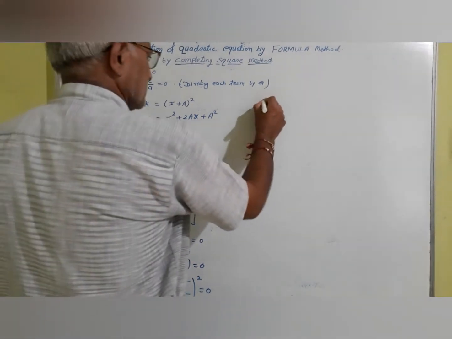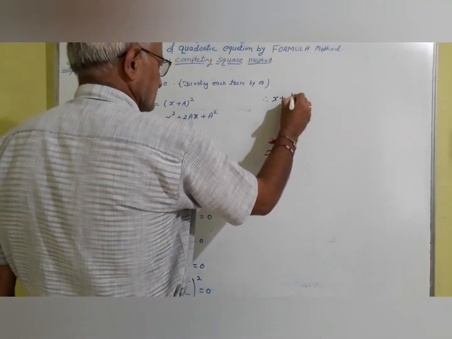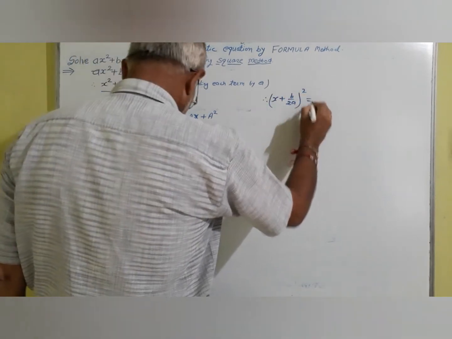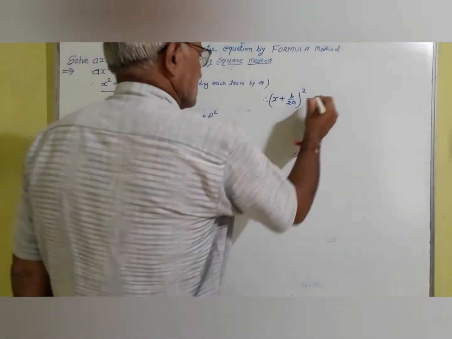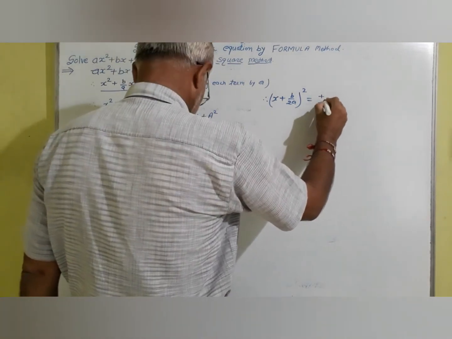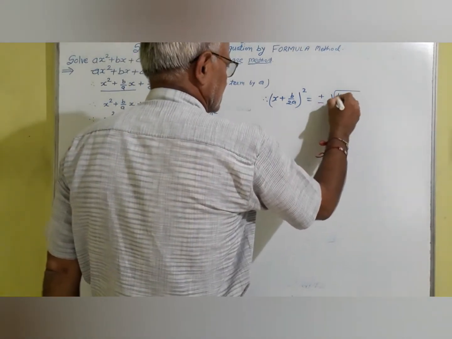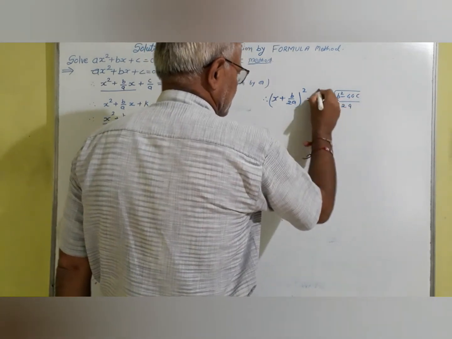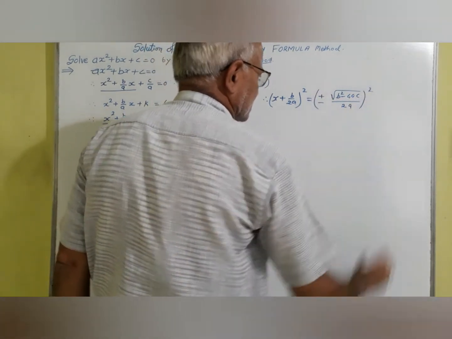Now therefore x plus b upon 2a whole square is equal to plus or minus square root of b square minus 4ac upon 2a, its square.